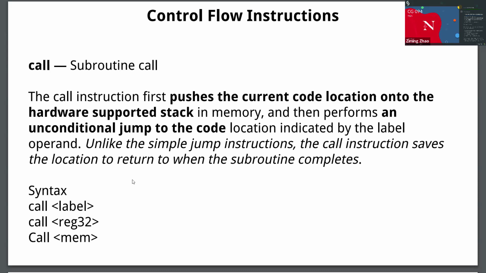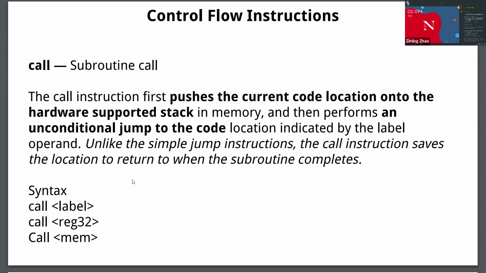Call instructions are used for making subroutine or function calls. In the previous example, we have a main function and an add function. The main function calls the add function, right? So when it is compiled, the main function will use the call instruction to call the add function.